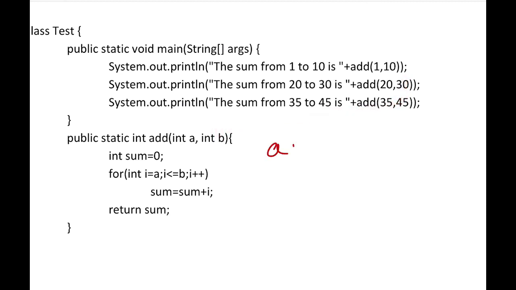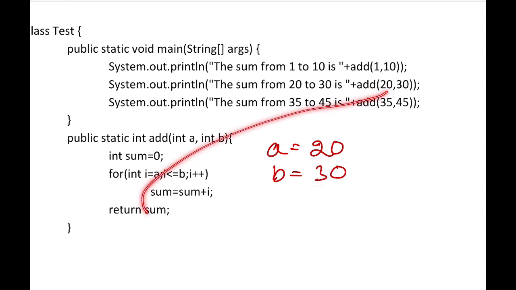So now the value of a becomes 20, the value of b becomes 30, and following the same procedure it is going to find the sum of all the integers between 20 and 30 and return the sum. When this return sum gets executed, the control again comes here and it prints the sum from 20 to 30 is the value that is returned from here.